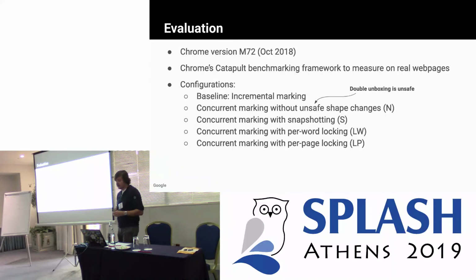We then compared in Chrome M72, based on Chrome's benchmarking framework, which is a record-replay framework on real web pages. We compared several different configurations. Our baseline here was the configuration with incremental marking. We implemented a configuration that just works on traditional marking as well, and we implemented snapshotting and locking based on words and pages.